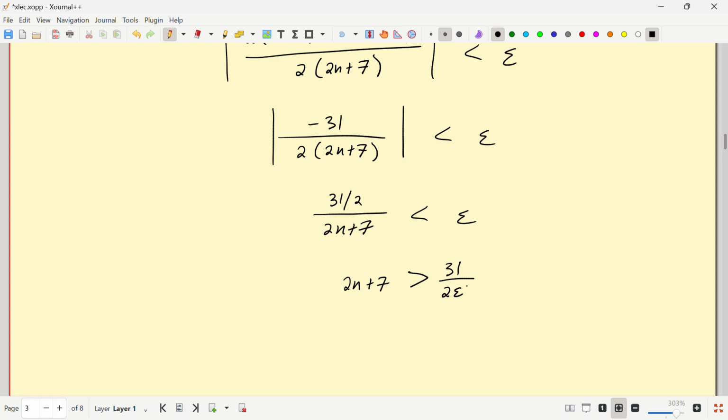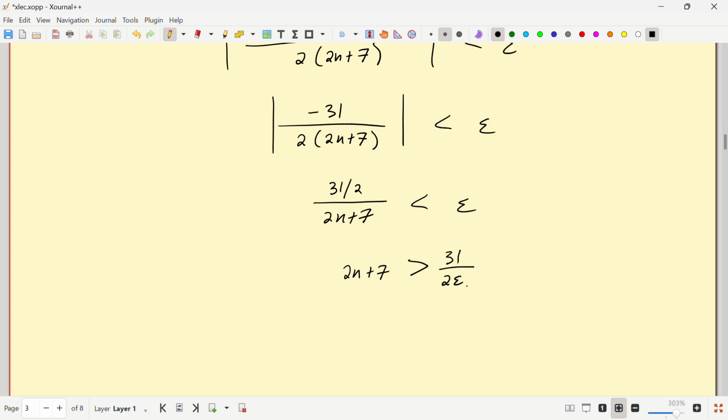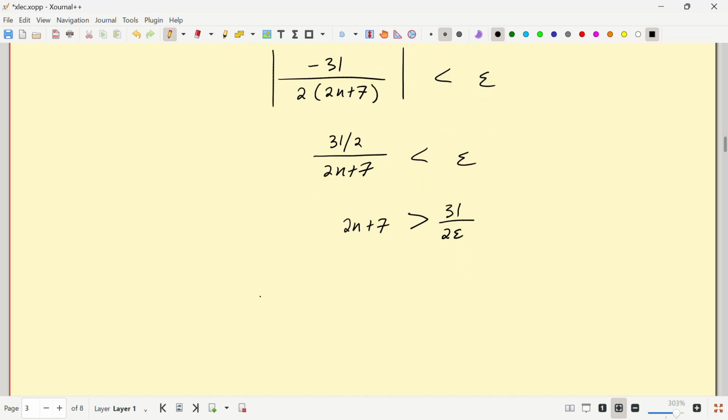I'm thinking of epsilon as small, so that could be a gigantic number. But then you see what I need here. I divide by 2 and subtract 7/2. I need n bigger than 31 over 4 epsilon minus 7/2.